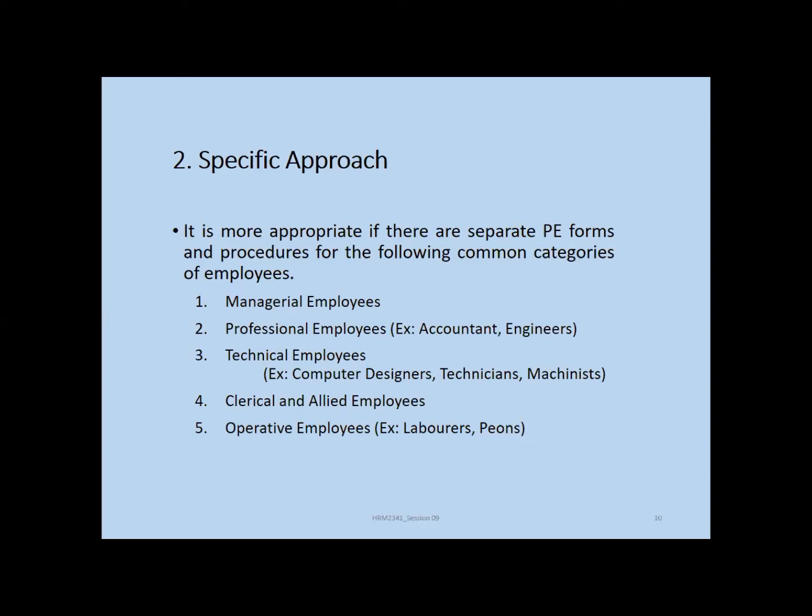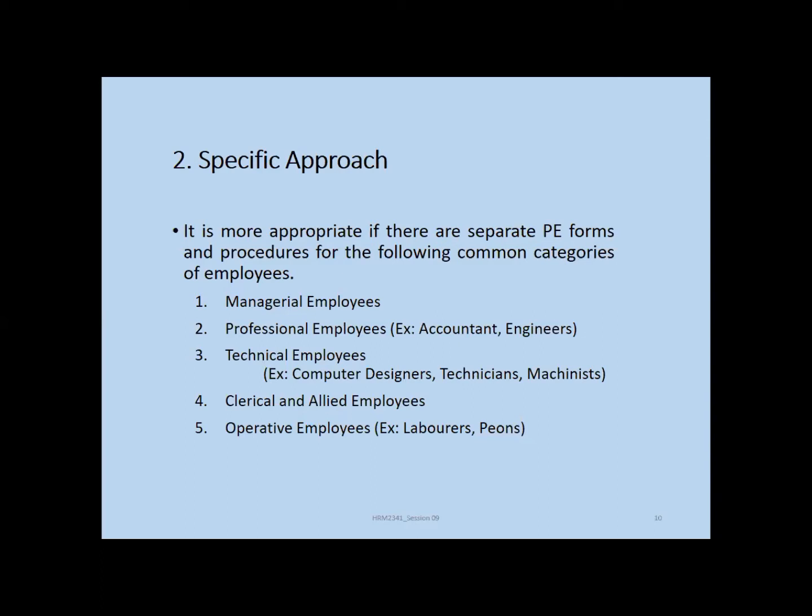It is better to develop separate forms and procedures to evaluate the job of accountants, and another separate form and procedure for evaluating the job of engineers. Technical employees are another type of employees: computer designers, technicians, and machinists.